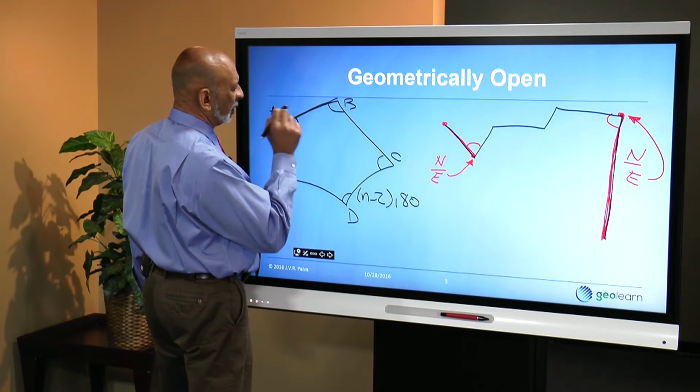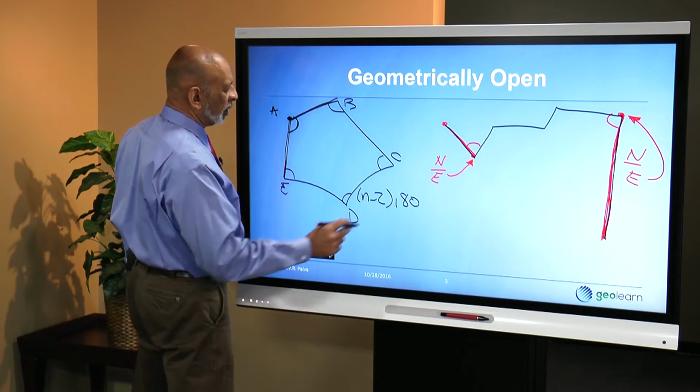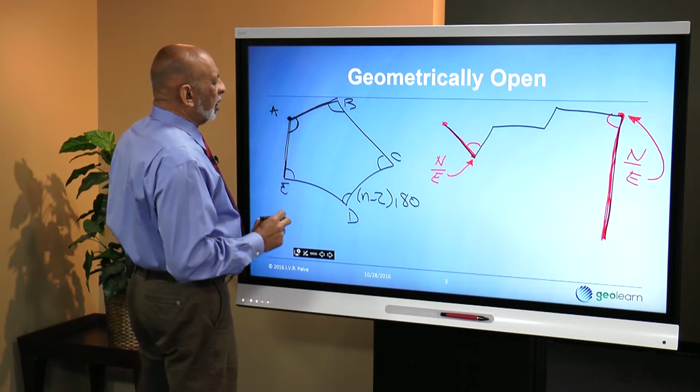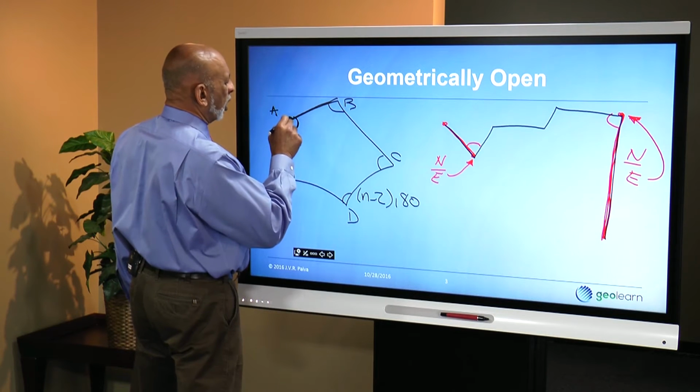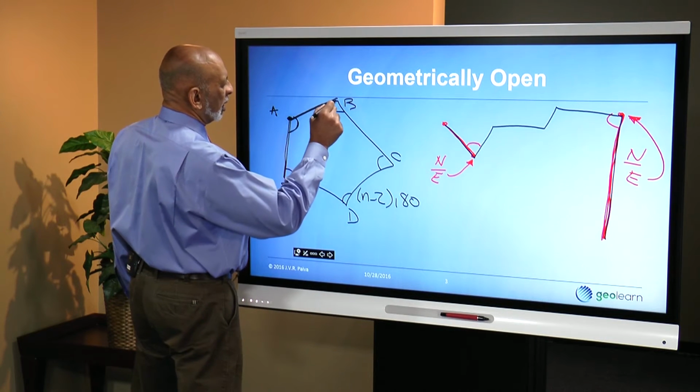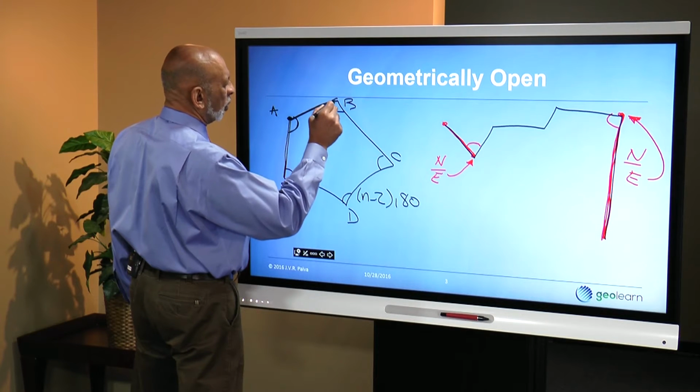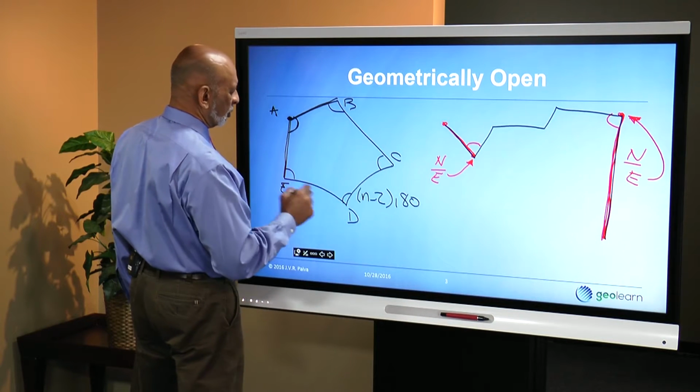And this is a really important thing to remember, that in a geometrically closed traverse, you measure all the angles, which means you have to occupy point A and measure to point B, then you occupy point B and measure to C, and so forth.